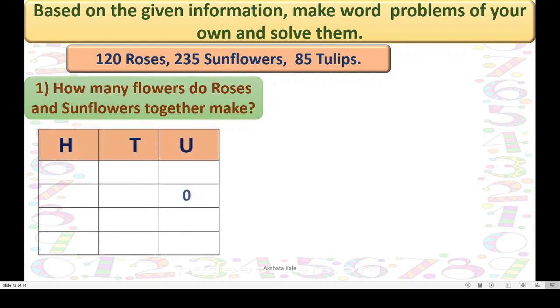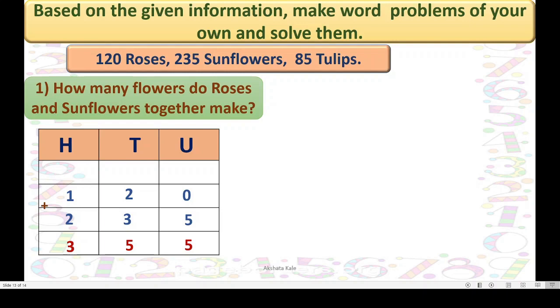We will write 120 roses, okay, that 235 sunflowers. This is addition. Remember, 0 plus 5 in the unit place is equal to 5. 2 plus 3 is equal to 5. 1 plus 2 is equal to 3. So there are 355 flowers together, roses and sunflowers.